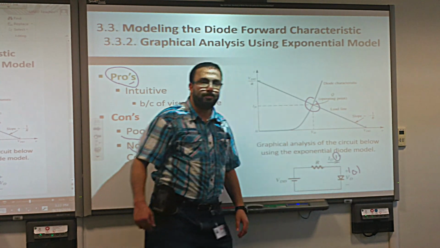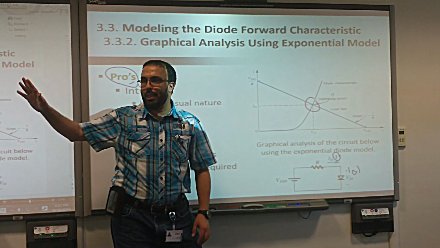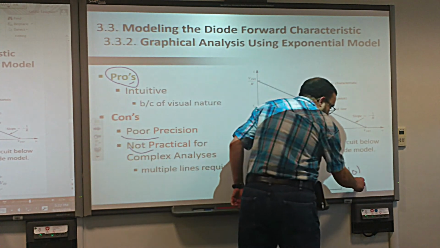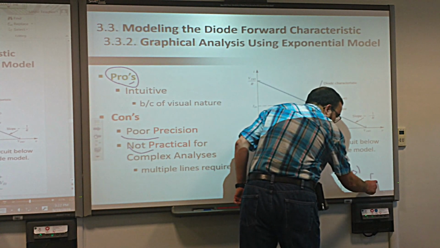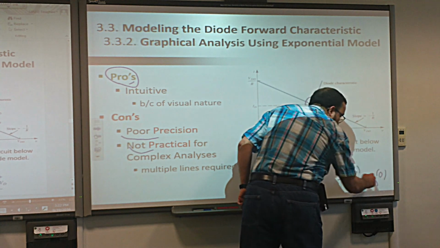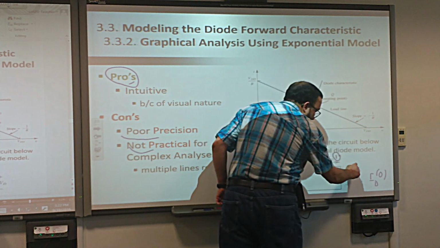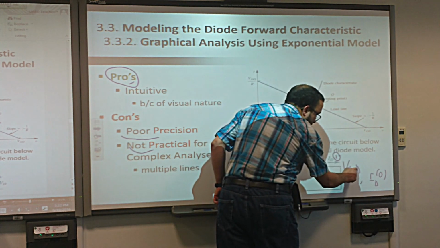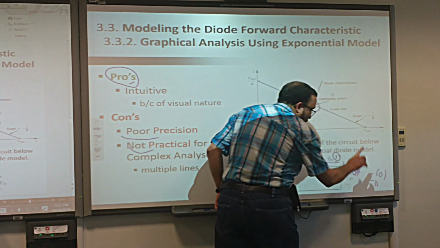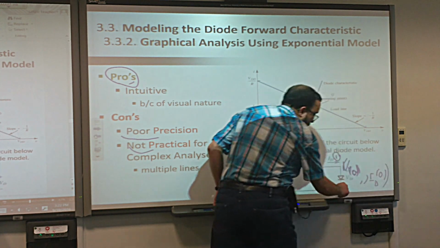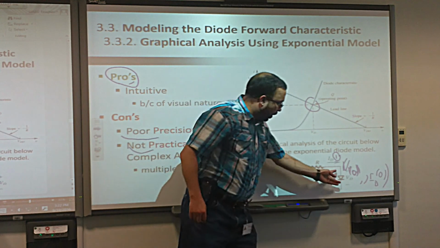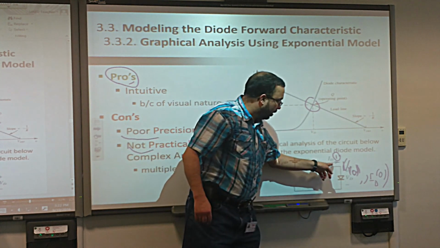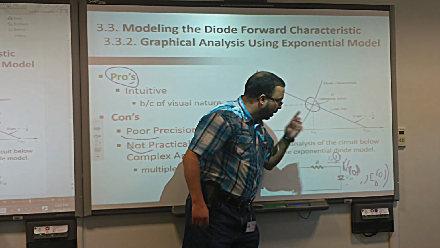The new current. So I start with VD0, which has also ID0. The 0 means the first values, okay? So VD0, ID0, the first two points of the diode. I put the voltage here, I calculate the current here, which will be the new current.